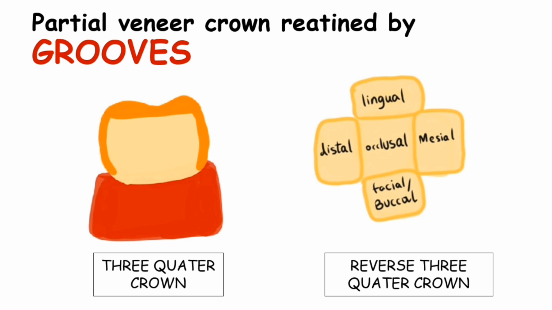So now you can easily differentiate that the only difference between the 3/4 crown and the reverse 3/4 crown is of the surfaces. In the 3/4 crown, the facial surface is not covered, while all the other surfaces of the tooth are covered. While in the reverse 3/4 crown, the lingual surface is not covered, while all the other surfaces of the tooth are covered.